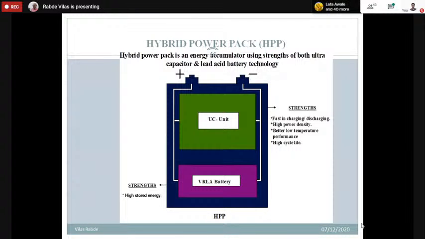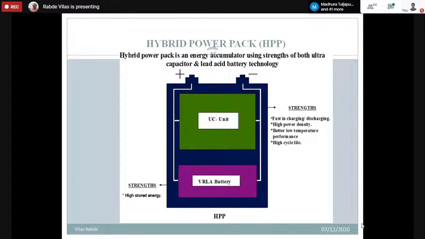I was director for business development in one of the two-wheeler automotive industries. At that time I introduced this hybrid battery for cranking of Honda Activa. It was a supercapacitor unit and a VRLA battery. As I mentioned in my presentation earlier, you don't need such a big battery for running Honda Activa.